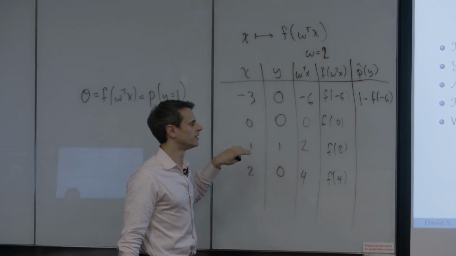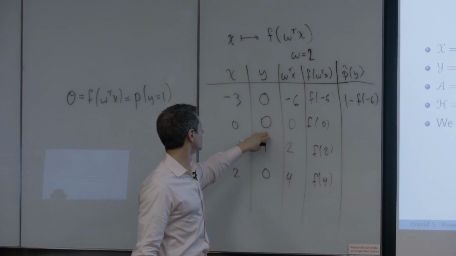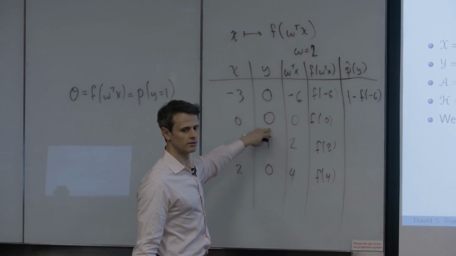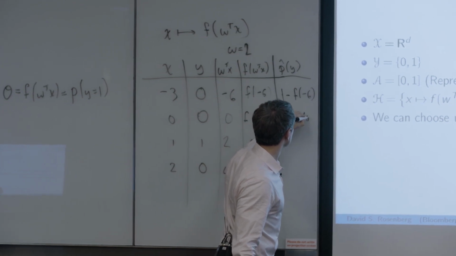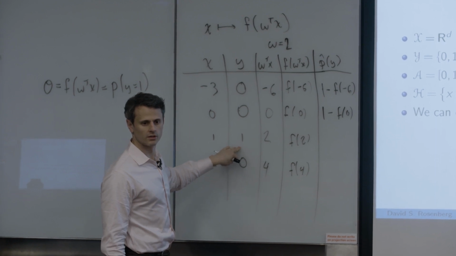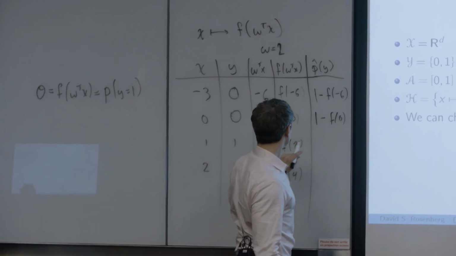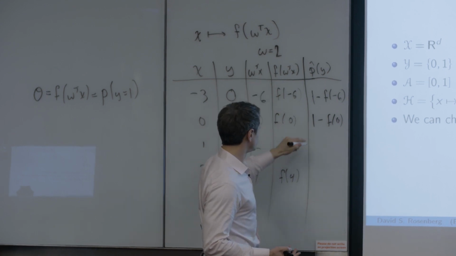All right. Let's do another one. What's the p hat of this y? y is 0. Say again? 1 minus f of 0, exactly. OK, how about this one? y is 1 given x is 1. What's our predicted? f of 2, right. So y is 1, so the probability of y is 1 is theta, or f of 2.